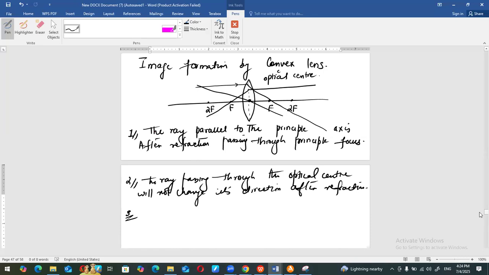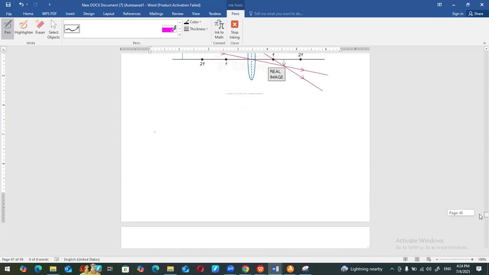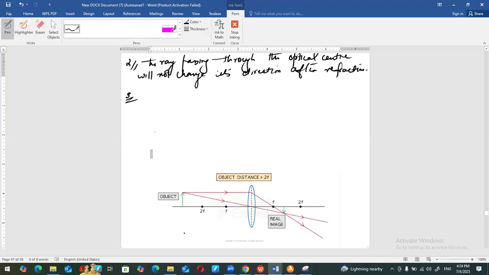Let's see the first case. Now there are cases depending on how far you are placing the object. You draw a principal axis, you draw a convex lens, and you mark them as F, 2F, right? Now, the first case is when you place the object beyond 2F.